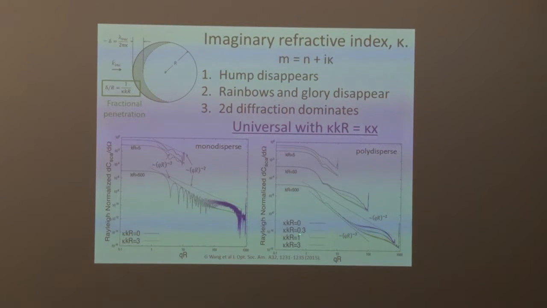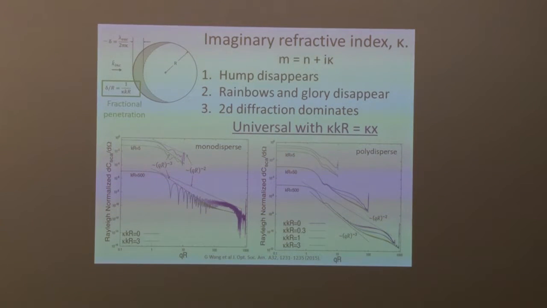But by the time we get to 1 and 3, then we've only penetrated 1/3 of the radius or so. Any bigger kappa KR, what the heck, it's still confined to the front surface, and there's no change. So it's like if I have a big glass ball, the scattering is that from something that's dark.